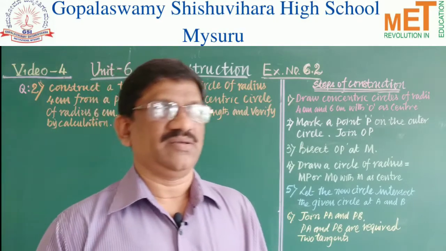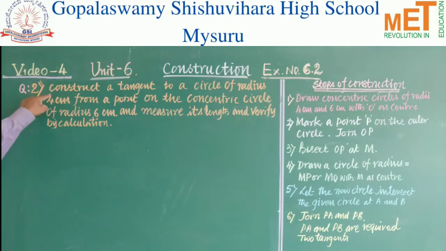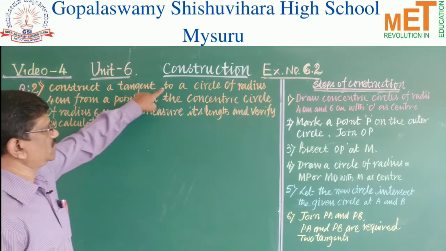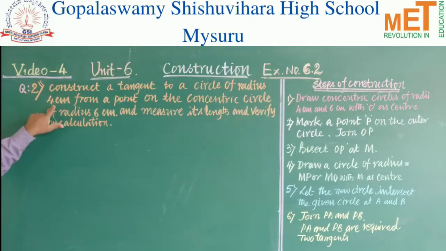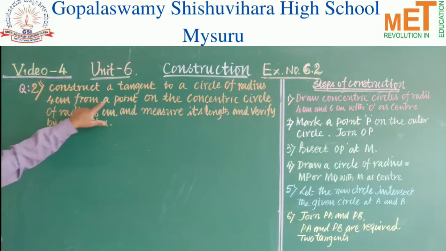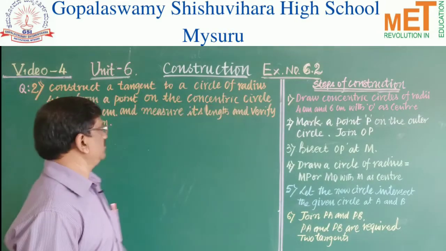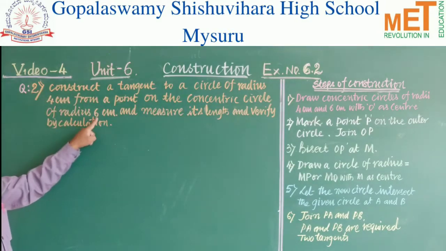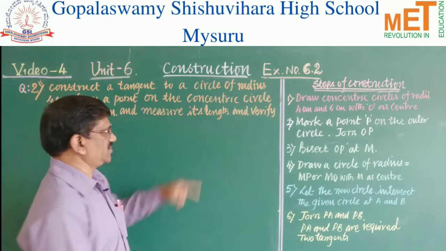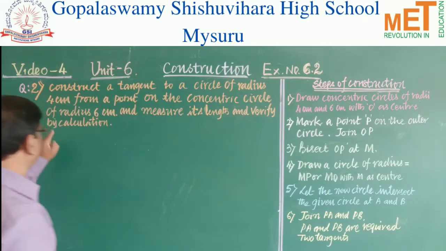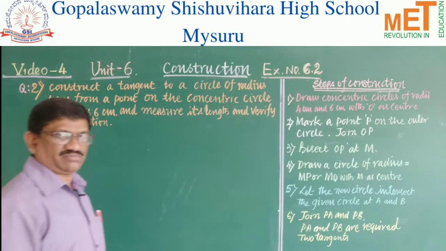You see what it says first. Construct a tangent to a circle of radius 4 centimeter from a point on the concentric circle of radius 6 centimeter, and measure its length and verify the length by calculation.